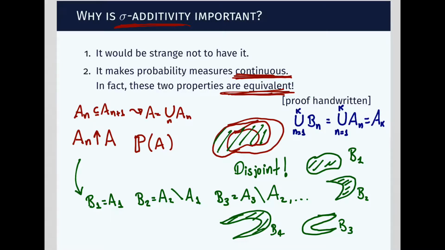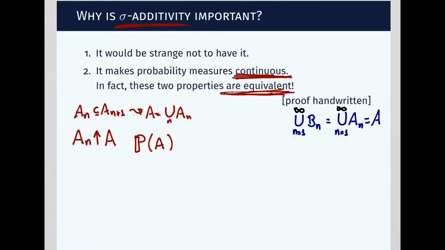From this identity, we can do the following. Replace K by infinity. Since this identity was true for every K, and these sets coincide and they are increasing, we can take the union over K, and we get this set, and this is simply A. And why is it so interesting?